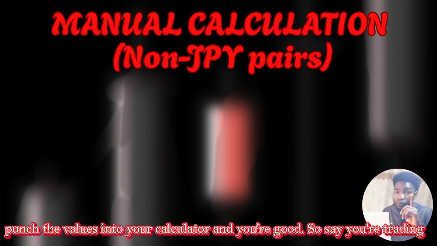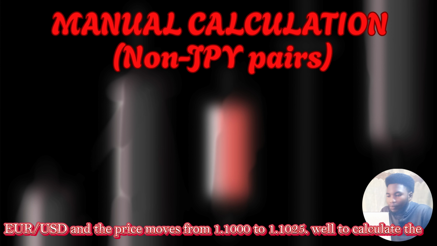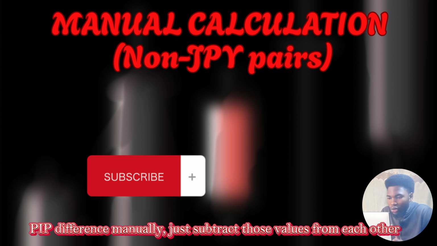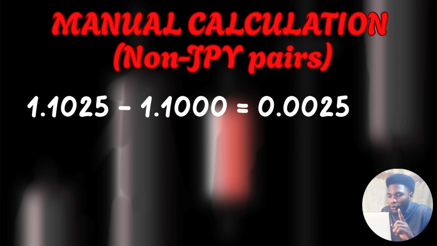So say you're trading EUR/USD and the price moves from 1.1000 to 1.1025. To calculate the PIP difference manually, just subtract those values from each other. So 1.1025 minus 1.1000 equals 0.0025.